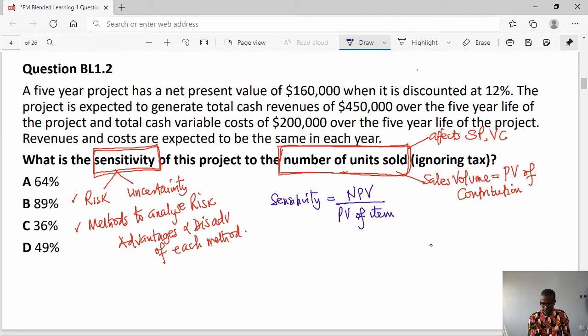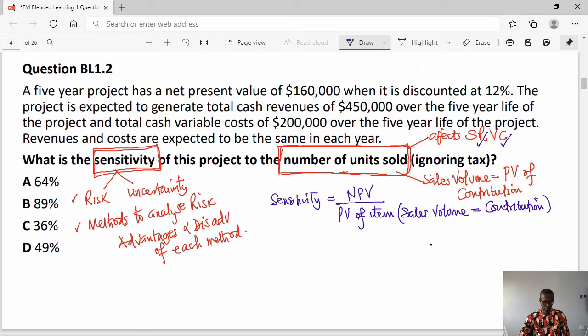In this case, the present value of the sales volumes. But if you want sensitivity of a project to its sales volume, then it is the present value of the contribution, because the sales volumes affect both the selling price and then the variable cost.